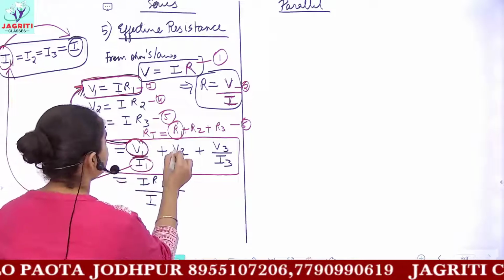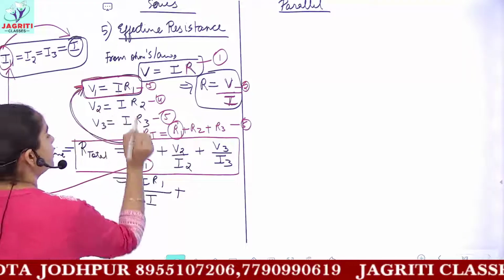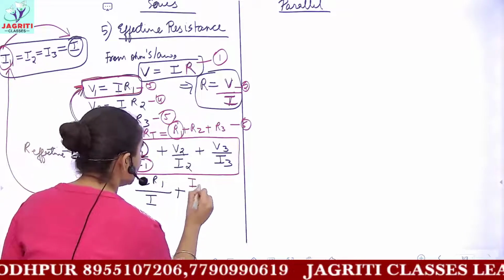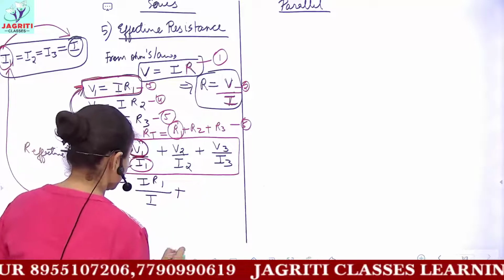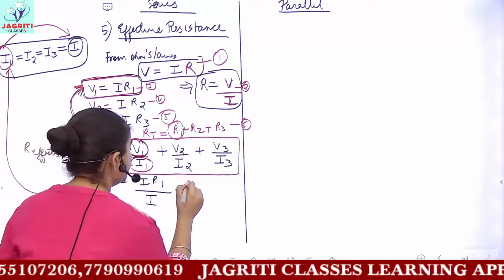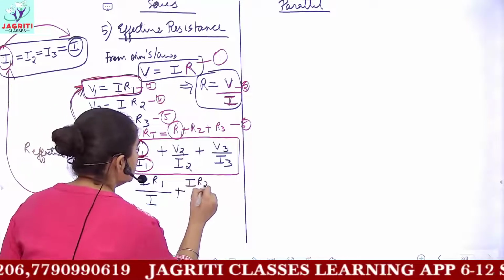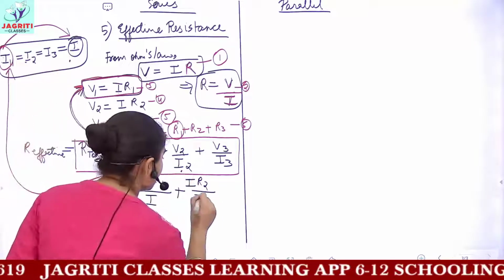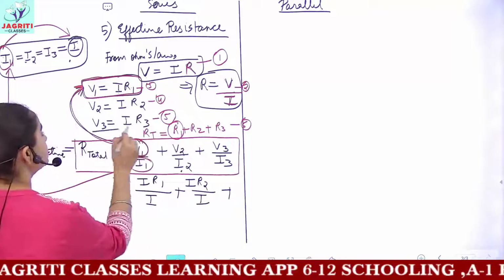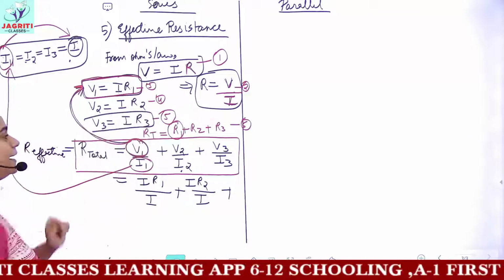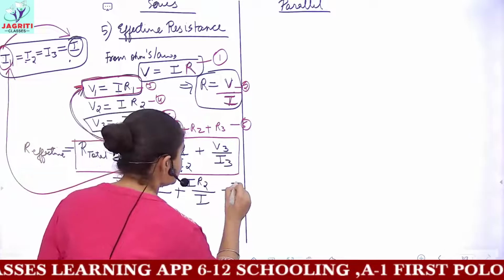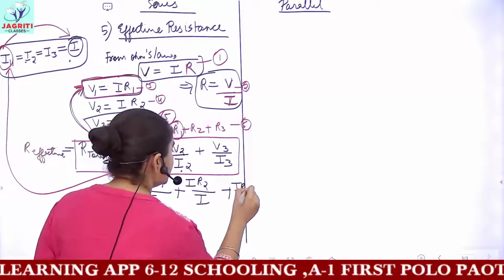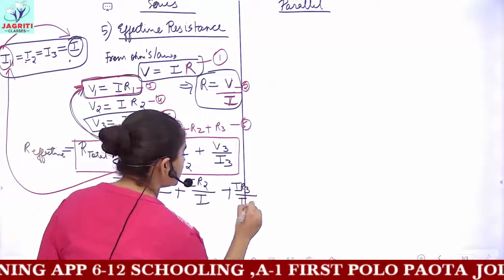Now similarly, what is V2? V2 is IR2, so instead of V2 I will be writing IR2, and I2 is also equal to I. And V3 is I multiplied by R3, so V3 gives me IR3, and I3 is also equal to I.